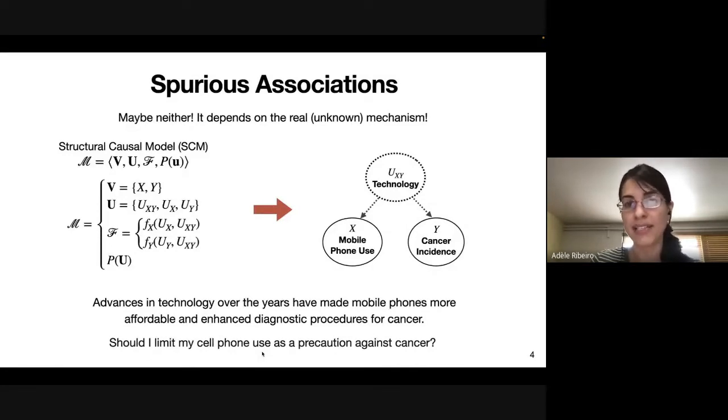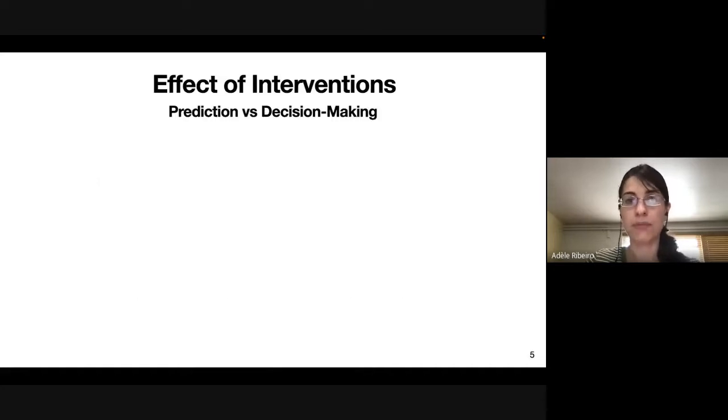So how can we answer the effect of an intervention of avoiding the use of cell phones so as to reduce the incidence of cancer? We need a new tool based on causal inference to identify the effect of interventions. And then we can make this distinction between prediction and decision making.